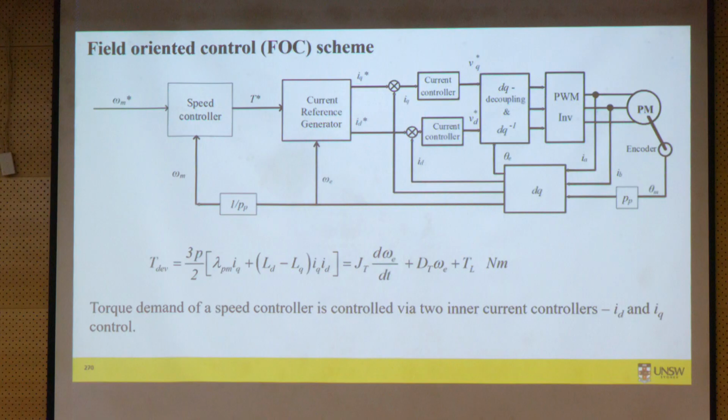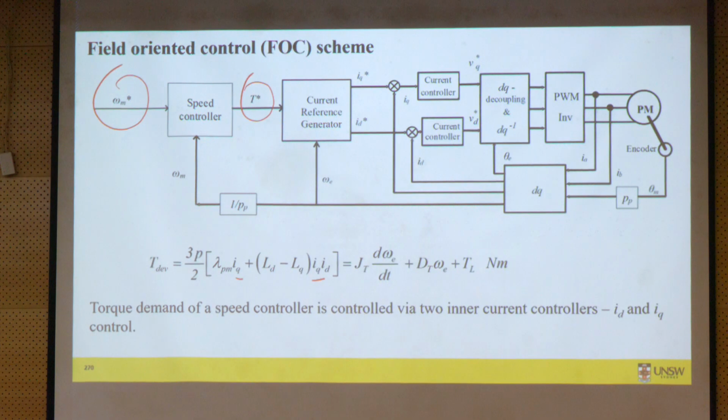We want to run the motor at a certain speed. So to run the motor at a certain speed, I need a certain torque, right? And to get this torque, as we have found, torque can be thought of as proportional to IQ current.